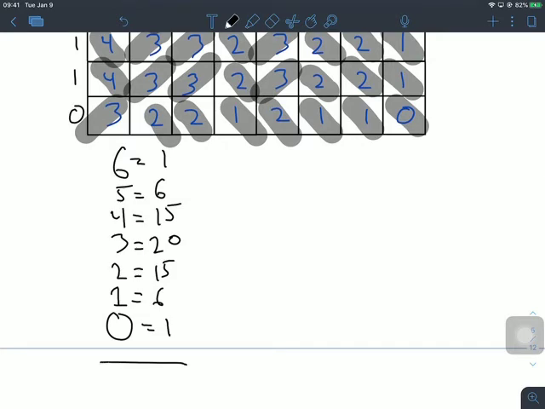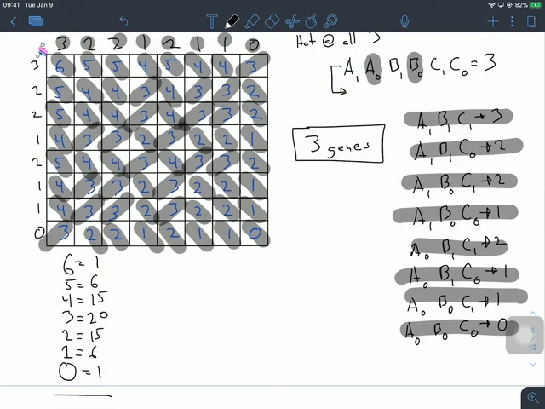Does that add up to 64? 1 plus 6 is 7, plus 15 is 22, plus 20 is 42, plus 15 is 57, plus 6 is 63, plus 1 here again, that gets you 64. Woohoo! So 64 possible progeny, and at a ratio of 6 out of 64 chances to be 5 inches tall, and so on and so forth.